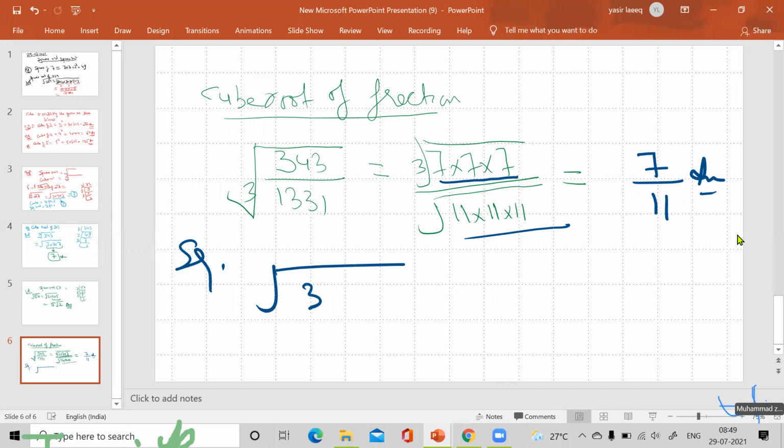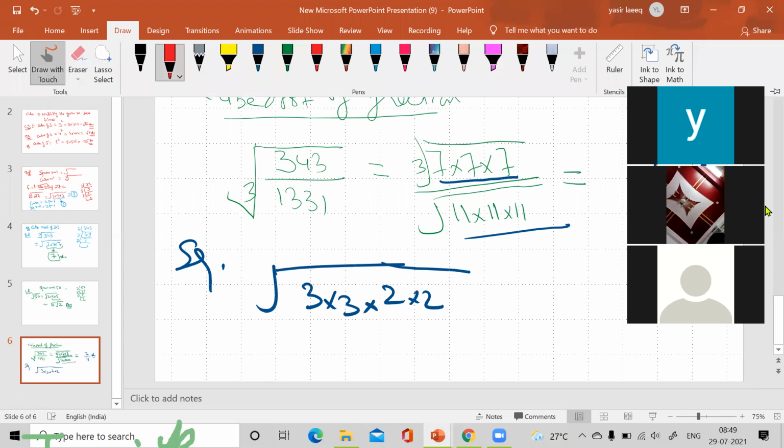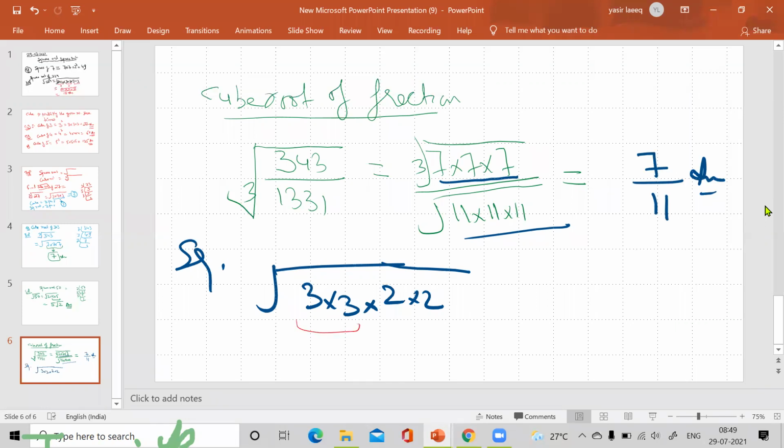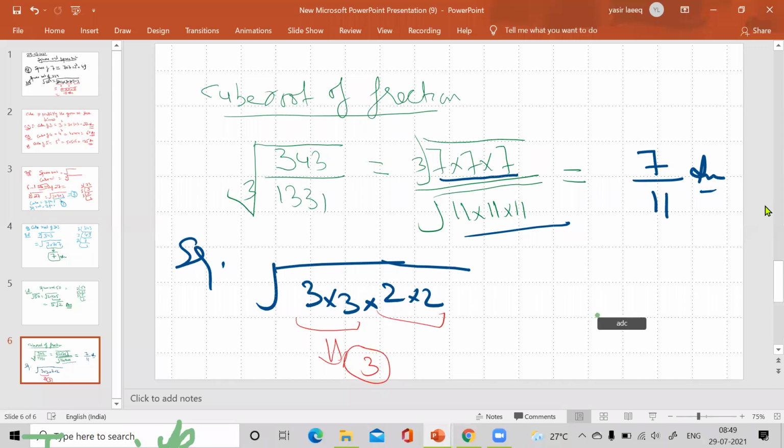We are writing 3 into 3 into 2 into 2. Don't get confused with common. We take a pair of this and take one 3 outside, and take a pair of this and take one 2 outside. So it will be your 6.